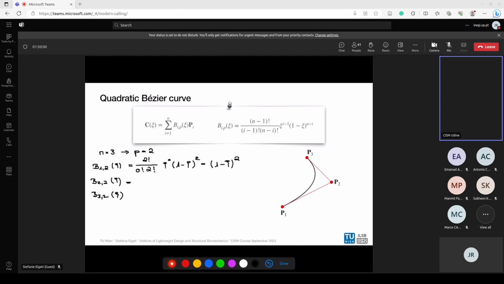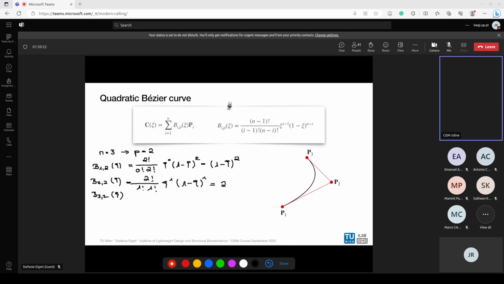Then for B2,2, we have 2 factorial divided by 1 factorial times 1 factorial times psi to the power of 1 and 1 minus psi to the power of 1. So now for the first time, both expressions actually play a role.